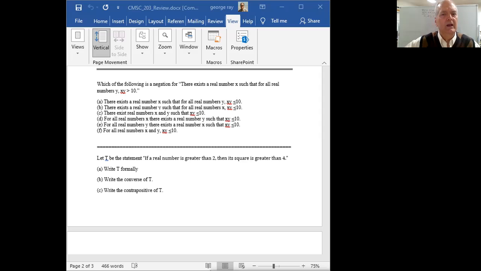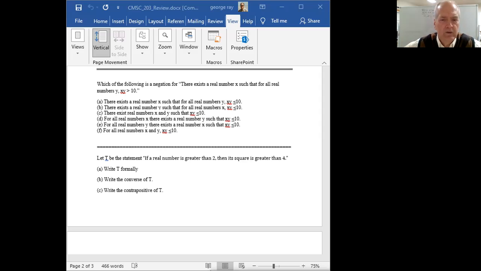And then we take the negation of the statement, in this case, x times y is greater than 10, and the negation of that statement is x times y is less than or equal to 10.